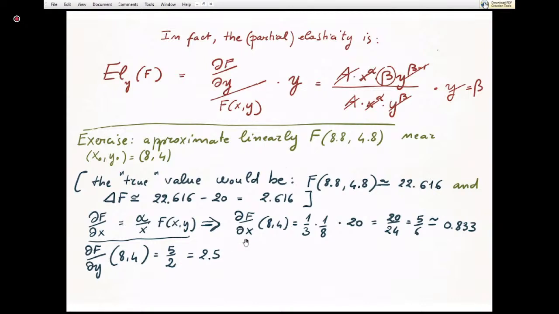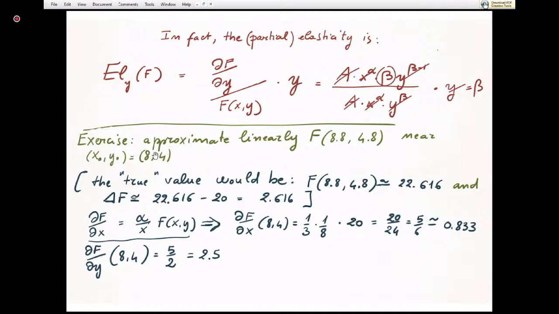Now, if I want to compute the linear approximation to the new value of the function, this is like computing the differential, basically. The differential would be the linear approximation to the change.